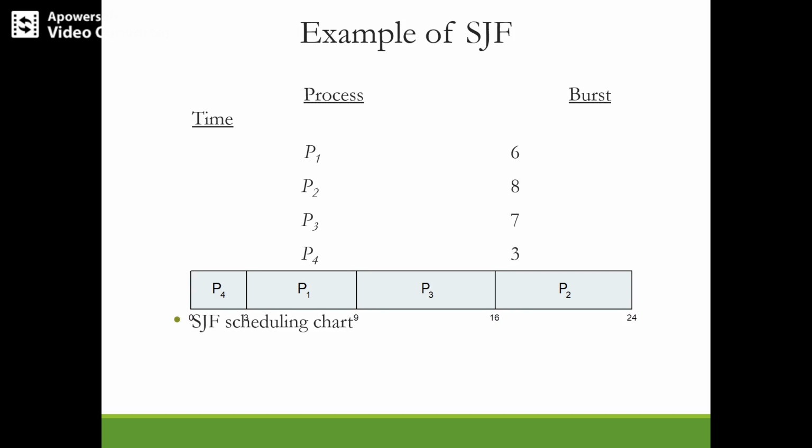That is, it gives the minimum average waiting time for a set of processes. It just moves the short process before the long one. So the waiting time of the short process decreases more than it increases the waiting time of the long process. But the real difficulty is to know the length of the next CPU request.